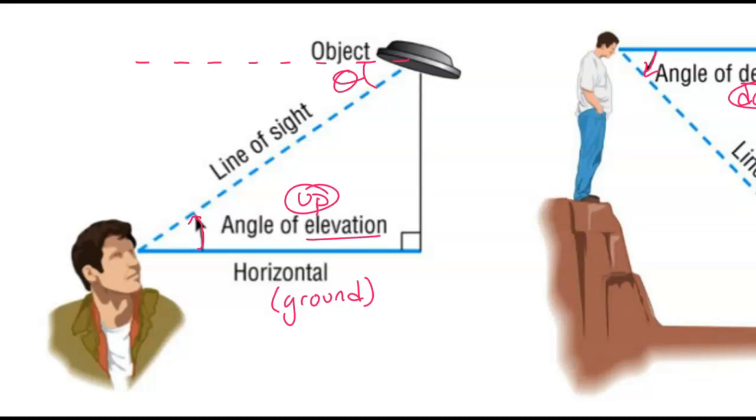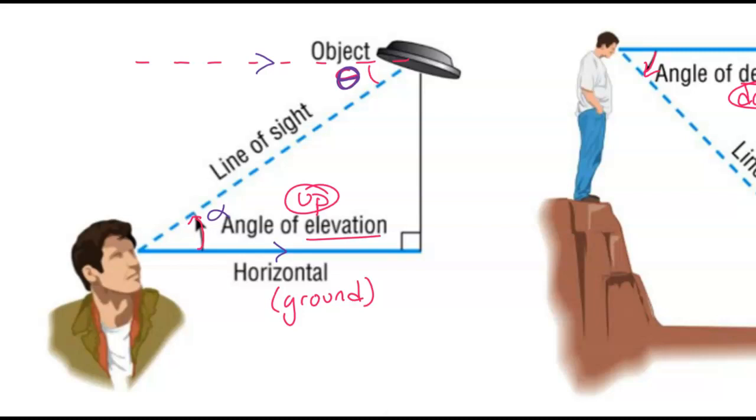Now, sometimes they'll give us this angle, and notice how it is not inside of our right triangle. However, because this top horizontal line is parallel with the ground, that means that this angle that we created up here from the angle of depression, this theta, is going to be congruent to this angle, we'll say alpha. The angle alpha inside of our right triangle.